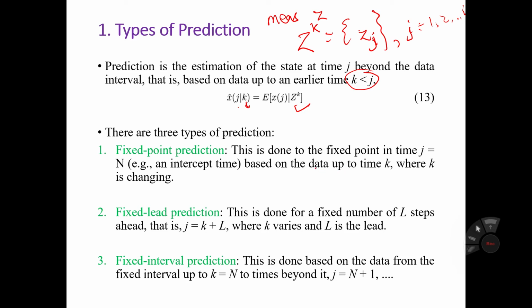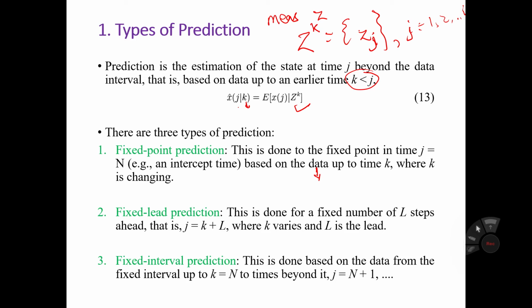When we talk about the data, we mean some measurement like this one. This is done at the fixed point in time j equals n, based on the data up to time k, where k is changing, because in each iteration the number of scans changes, like 1, 2, 3, 4.